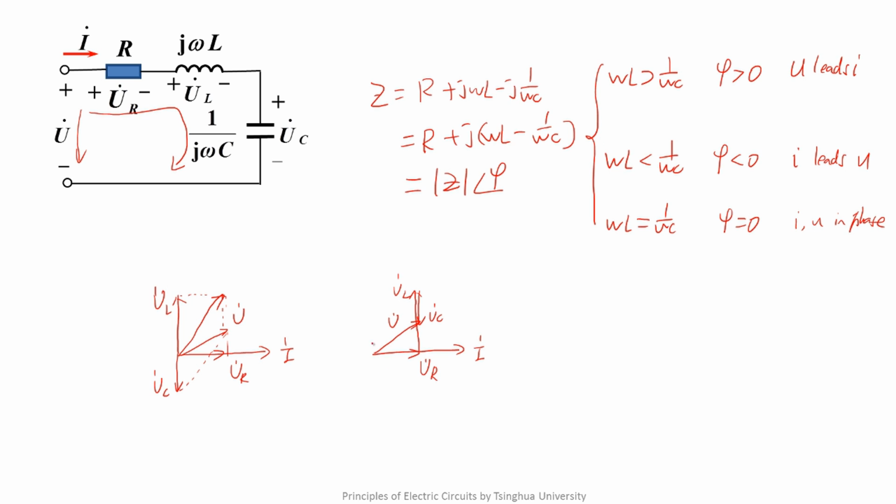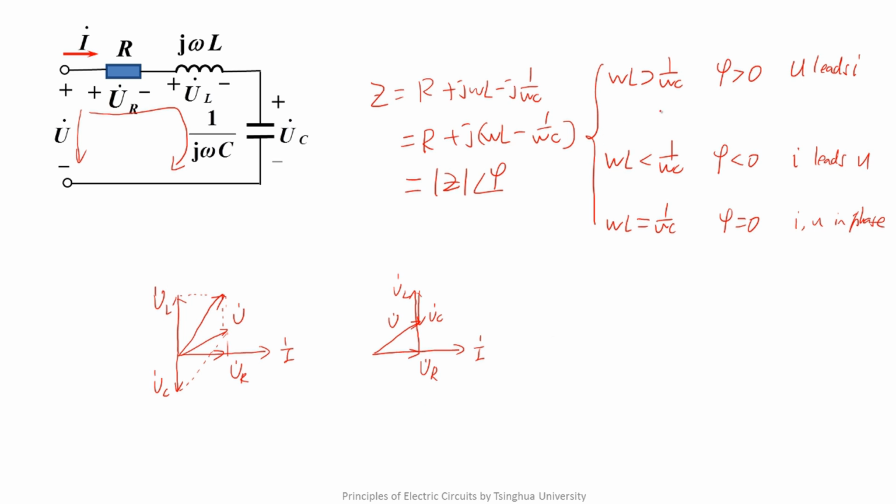By comparison, you will find the method of head to tail is simpler and clearer. So you should be familiar with this method. This graph is called the phasor graph. Phasor graph is an effective tool for solving SSS circuit, so you must understand and grasp it.